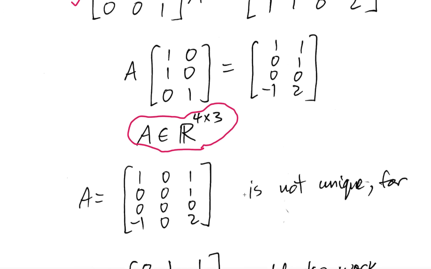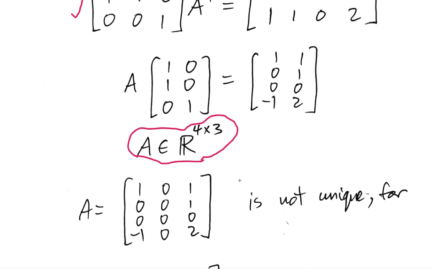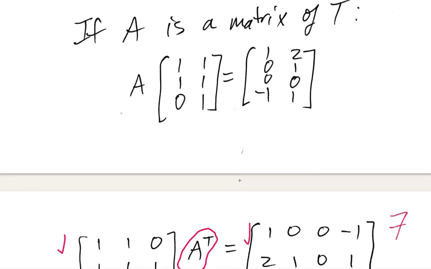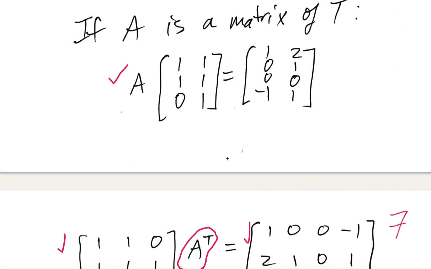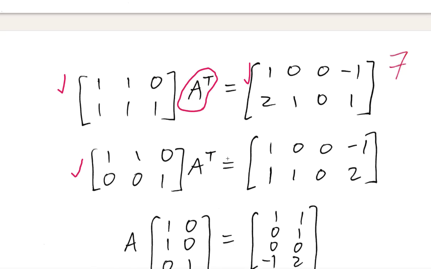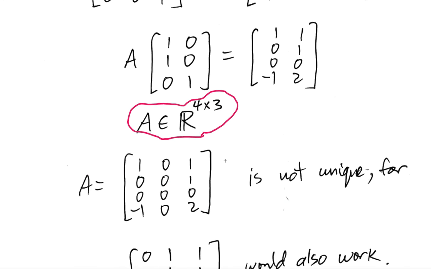Let me give you an example to show the non-uniqueness here. Remember, you're just trying to satisfy this equation up here. A could be this matrix, for example, with first column (1, 0, 0, -1), zeros in the second column, and then (1, 1, 0, 2).